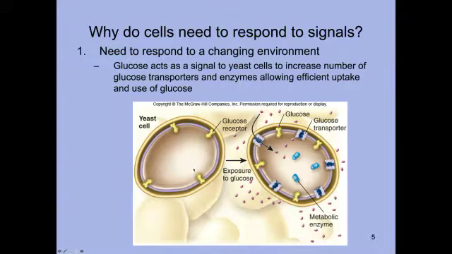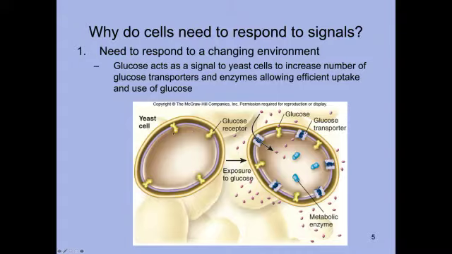Of course, over here on the left, I just want you to go back to this original cell. Notice, because there is no glucose, this cell is not spending any time or energy or resources in making those glucose transporters and glucose metabolic enzymes. There's no reason for it because glucose is not available.